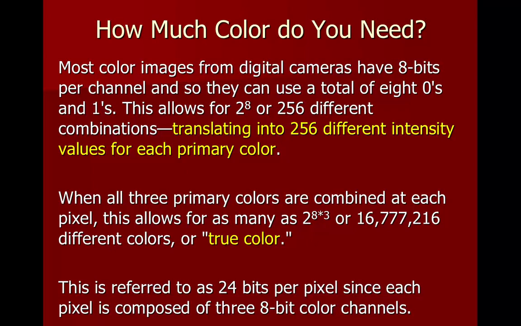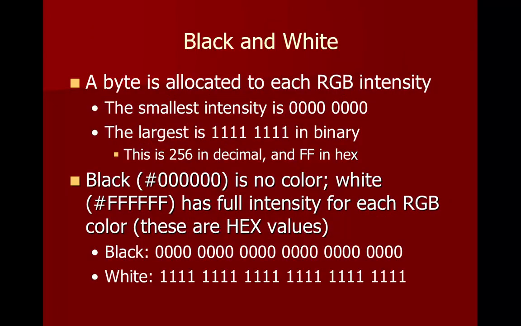They're talking about the bit depth or the number of colors that are available. So true color is roughly 16K. And this is 24 bits per pixel because each pixel is composed of 3 8-bit color channels. Sounds a little confusing, I know, but it'll start to make more sense as we get further down through the slides. All right, enough about color.